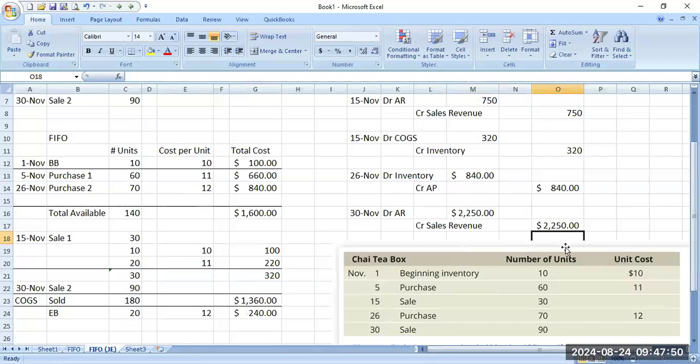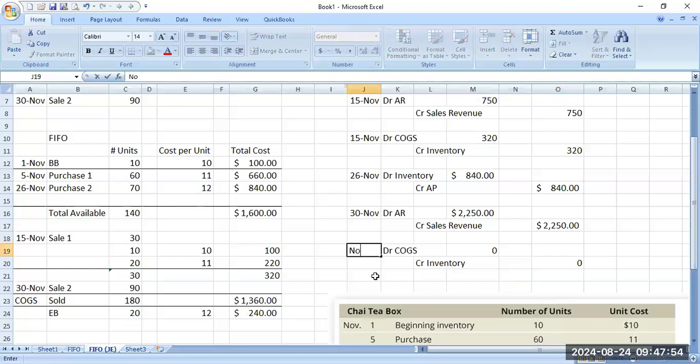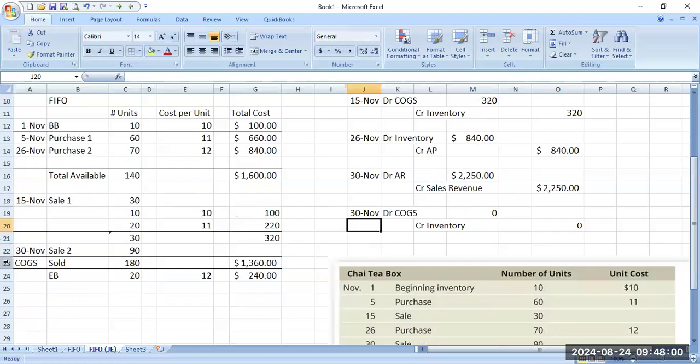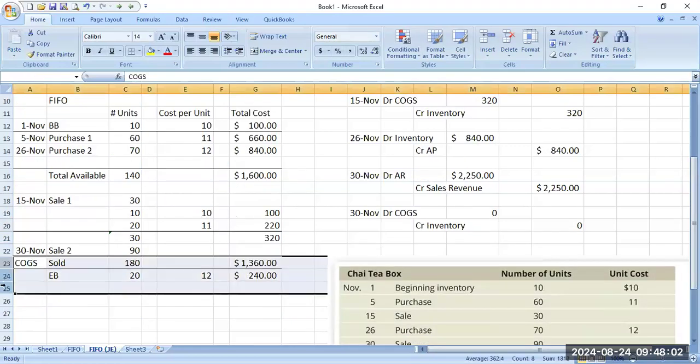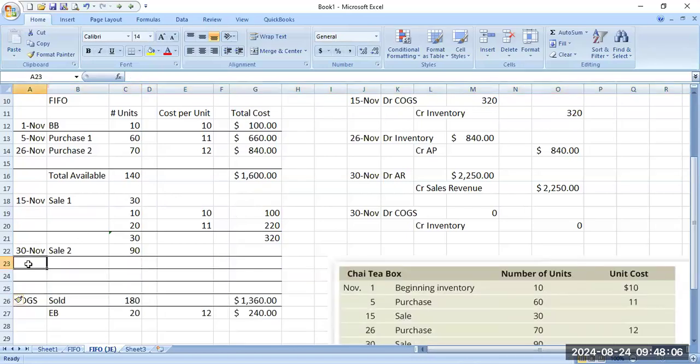And then we have to come up with the cost of goods sold on November 30th. How much will be our cost of goods sold? Well, those 90 units sold on November 30th have to come from somewhere. The question is, from where are they going to come?